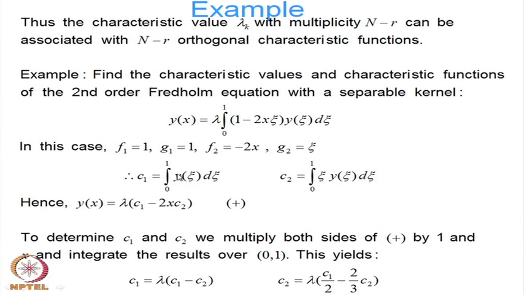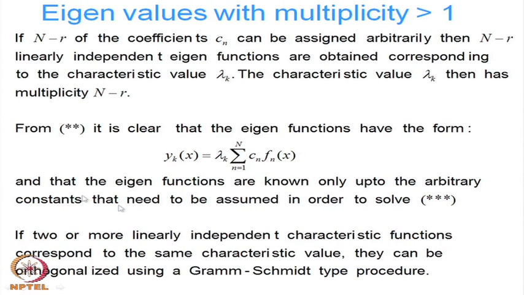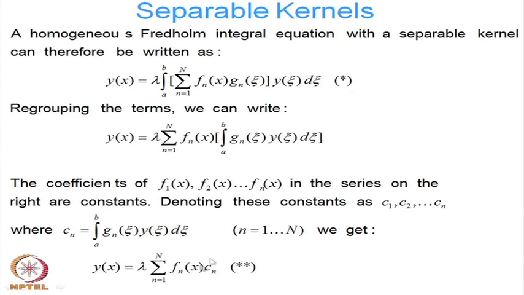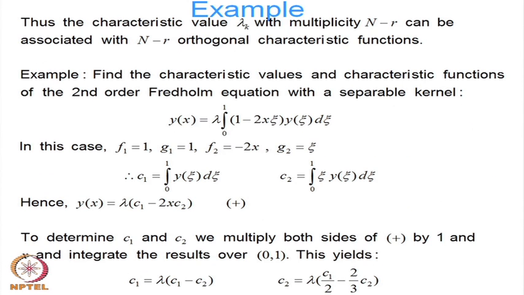So, C1 gives me the integral of 1 with y(xi), C2 gives me the integral of xi with y(xi), evaluated over the limits 0 to 1, and therefore, I get y(x) = lambda C1 minus 2x lambda C2, because remember we can write our equation in the form lambda f1 C1 plus lambda f2 C2. Again we want to determine C1 and C2.